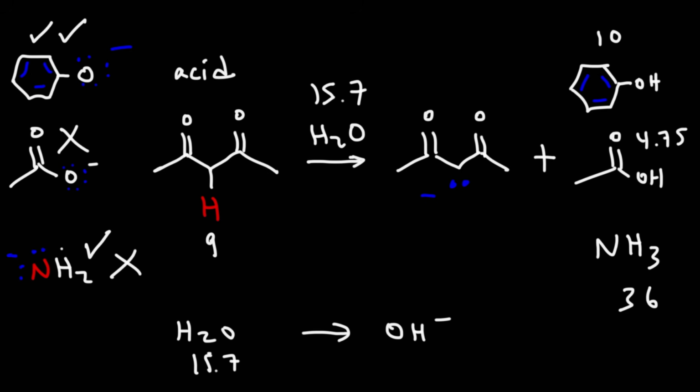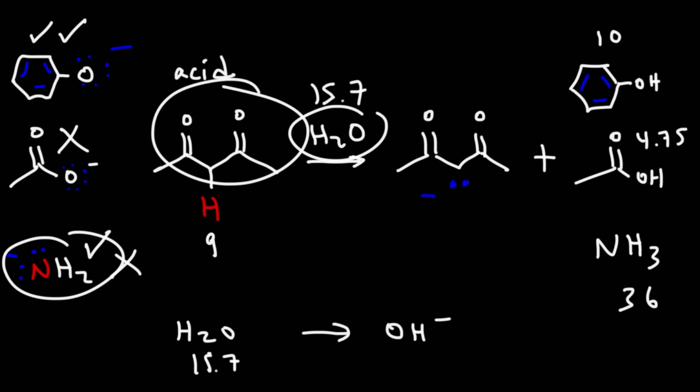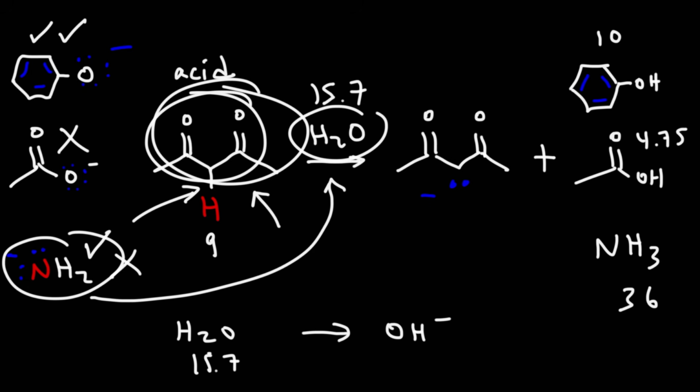If we were to take amide and mix it with water and its beta diketone, water being a solvent is likely going to be much more abundant than this beta diketone. As a result, amide is going to react with water long before it reacts with this. Maybe a small amount of this will get reacted, but the majority of the amide is going to be eliminated by the water.